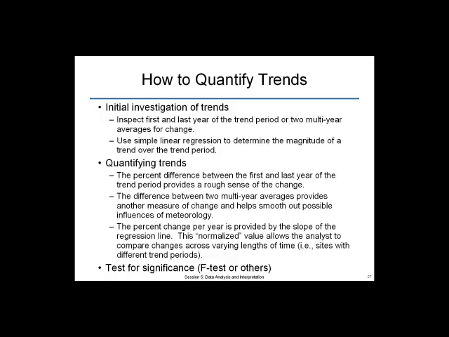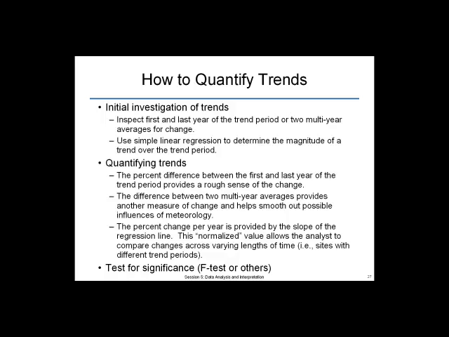So quantifying trends, there are many different ways to do this, and I don't know that the jury's out on the best way to do it; it depends on your data set. But you can certainly initially look at the first and last year of a trend period, or look at two multi-year averages to try to understand what the percent change might be.